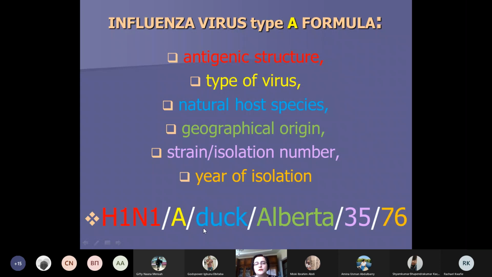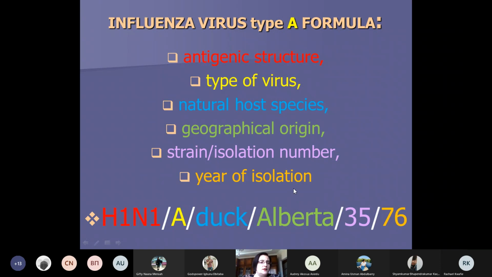Most potential combinations have been reported in birds, but hemagglutinin 17 and 18 and neuraminidase 10 and 11 have only been found in bats, flying mammals. Only hemagglutinin subtypes H1 and H3 and neuraminidase subtypes N1 and N2 are known to have circulated in humans. The current influenza A virus subtypes in circulation are H1N1 and H3N2.